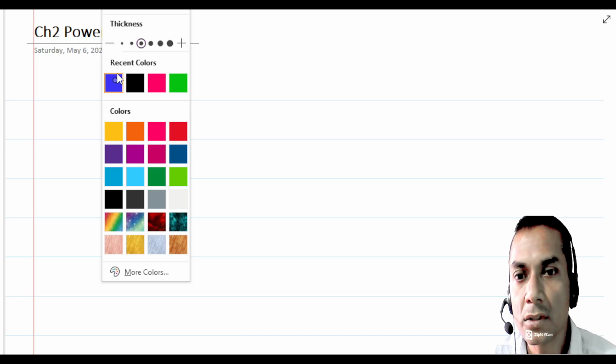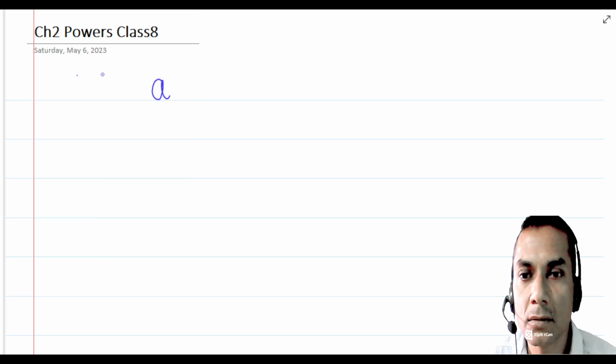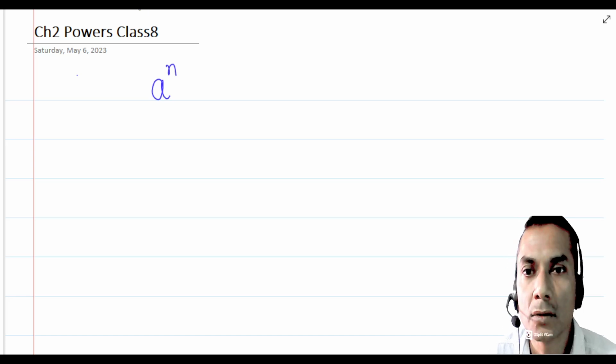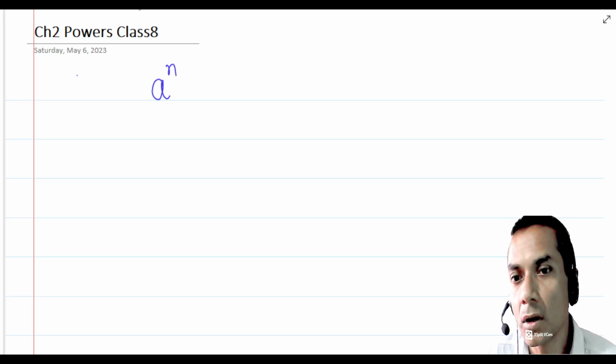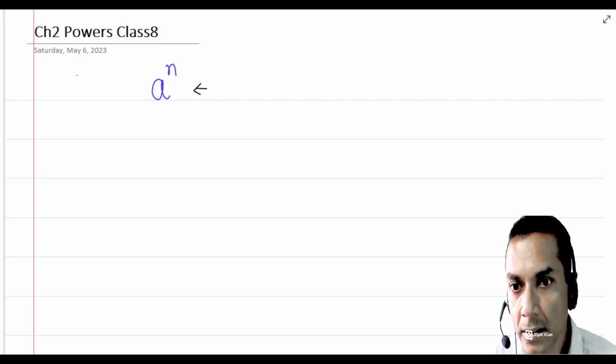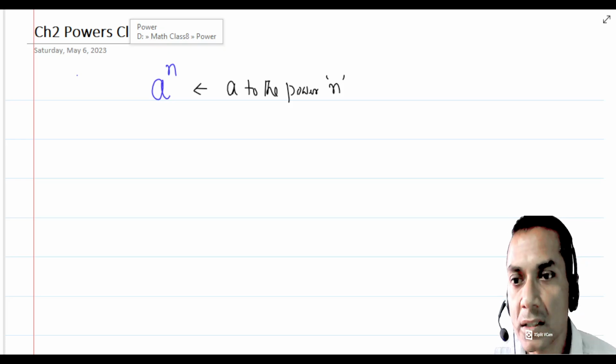Now we consider a rational number a, and the power is right here, n. So it is called a to the power n. This way you can express it as a to the power n.